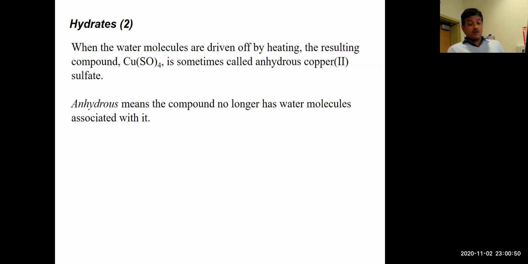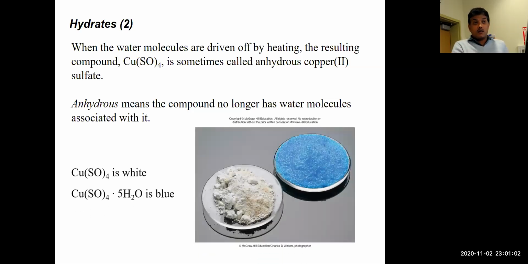These hydrates were not part of the actual frame of the ionic compounds. They were just attracted to that ionic compound. So sometimes, if you just heat it, the water would evaporate. It is one example of what happens if you dehydrate the hydrate. Copper sulfate pentahydrate is actually blue in color at room temperature, but if you heat it at 100 degrees Celsius for a few minutes, it would change to white.